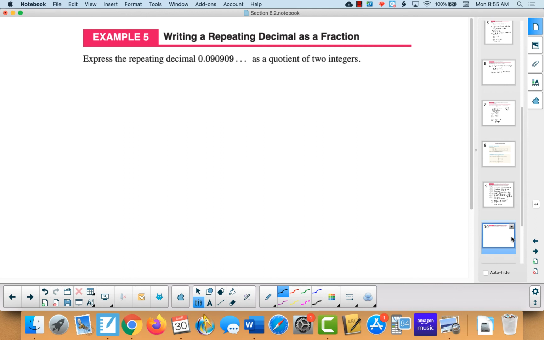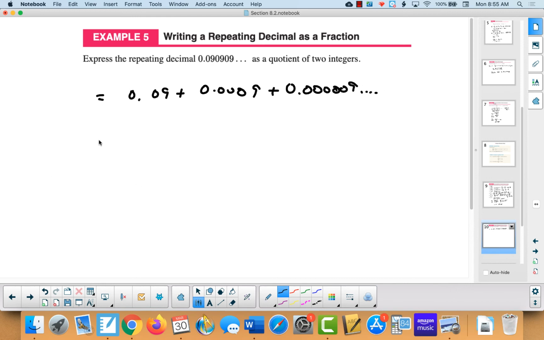To write a repeating decimal as a quotient of two integers, we can use an infinite sum for that. So this decimal is the same thing as 0.09 plus 0.0009 plus 0.000009, and so on.